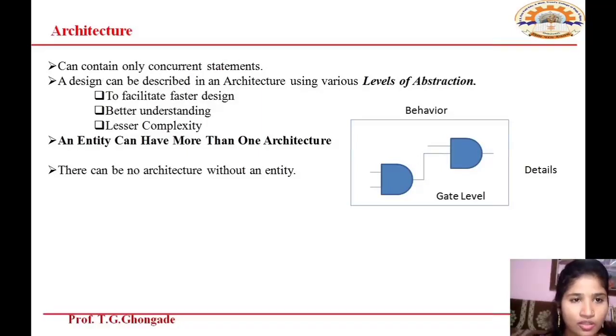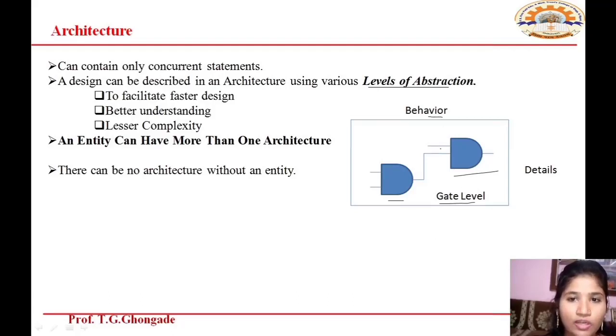Then second rule, a design can be described in an architecture using various levels of abstraction. Now what do I mean by levels of abstraction? It means that you can decide to specify your architecture at gate level, if you have lots of gates connected to each other, or you can decide to describe your architecture in terms of behavior.